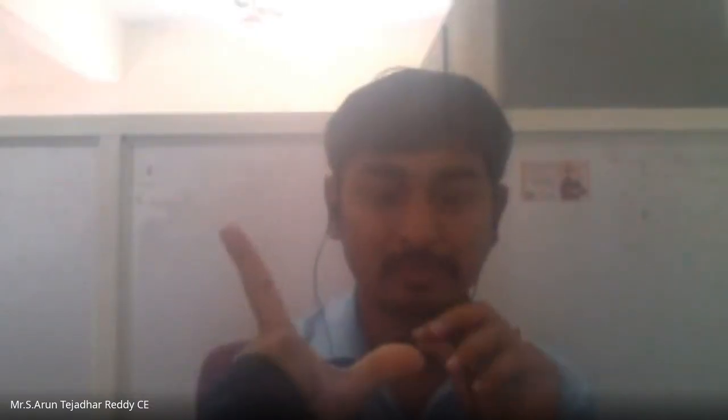Whatever moment you are going to calculate, take a reference point. In this problem I have taken A as a reference point. So at that point A, put a finger like this. Don't adjust this finger, just keep it in that place, this thumb. After that, whatever moment you are calculating, just operate this other finger.